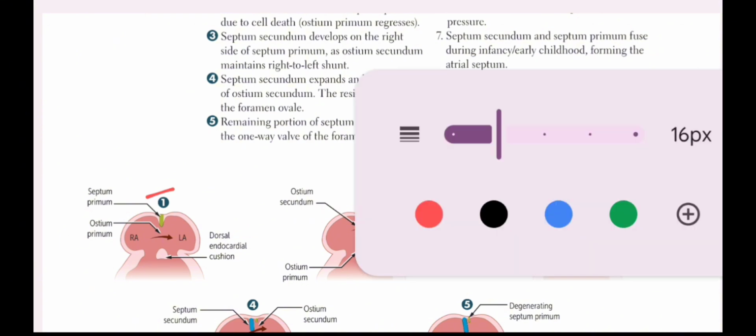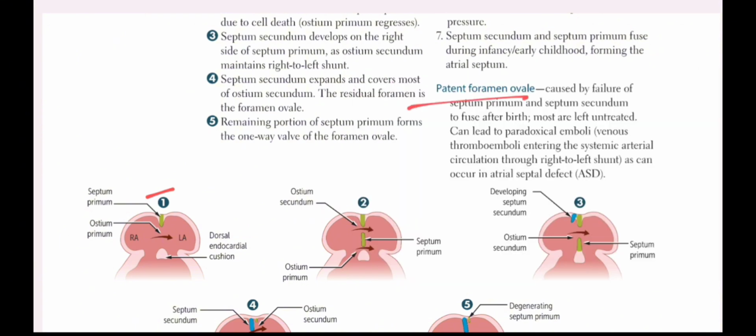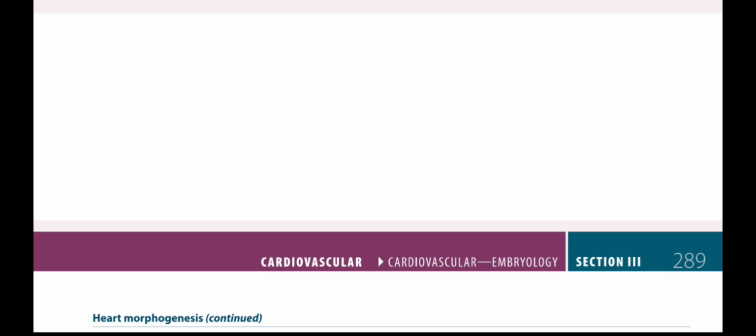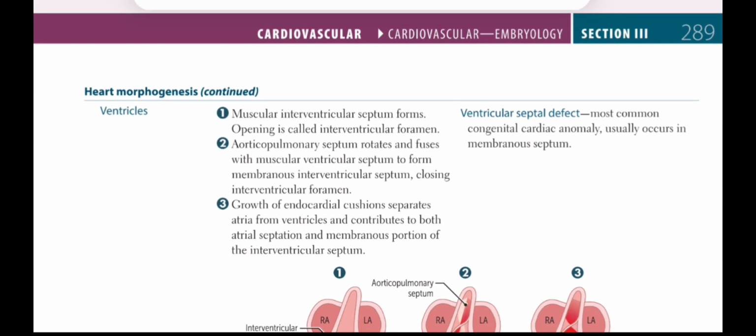However, after birth, we do not need this shunt, and there is closure of the hole. But if this hole does not close even after birth, that is in the postnatal period, and there is patency of this hole, then that condition is known as the atrial septal defect, because of the defect in the interatrial septum.